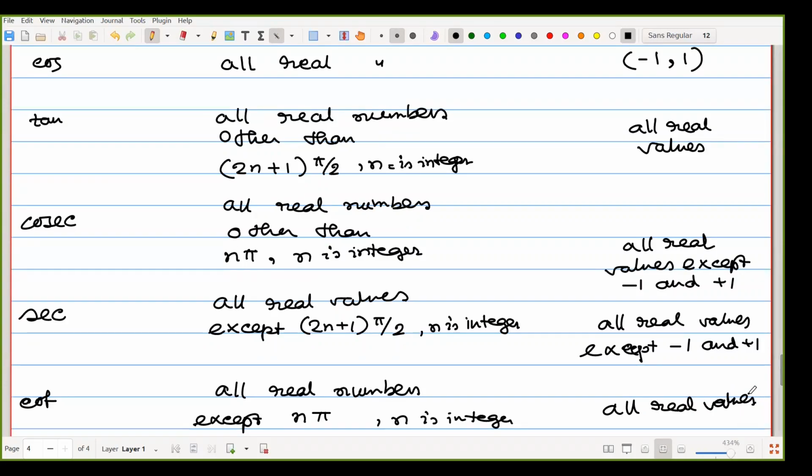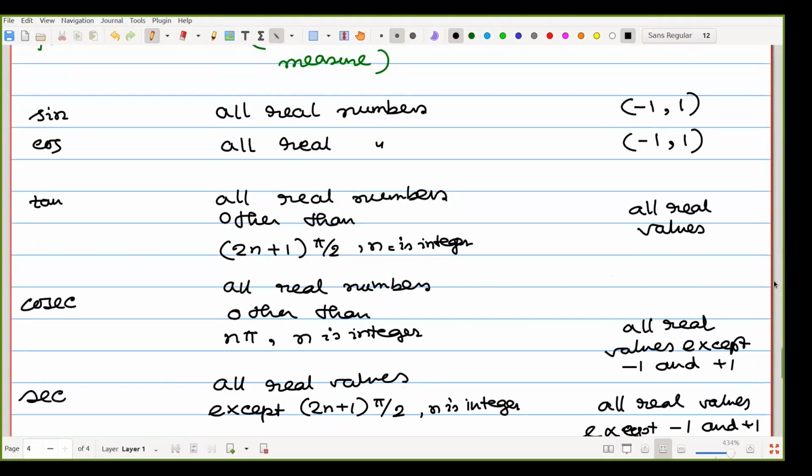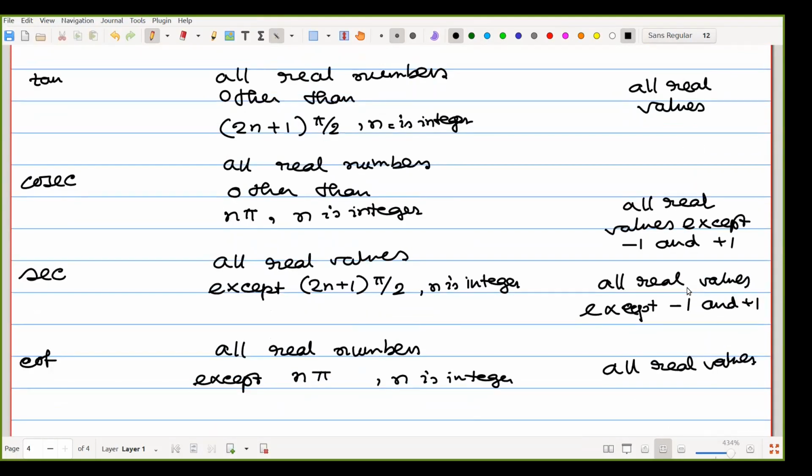So always we have to remember that the range of sine is always from -1 to +1, cos -1 to +1, tan 2n plus 1 pi by 2 giving us undefined, for cot n pi giving us undefined, for cosec as usual n pi, and for sec 2n plus 1 pi by 2.